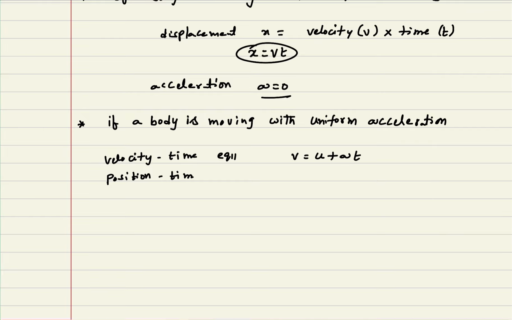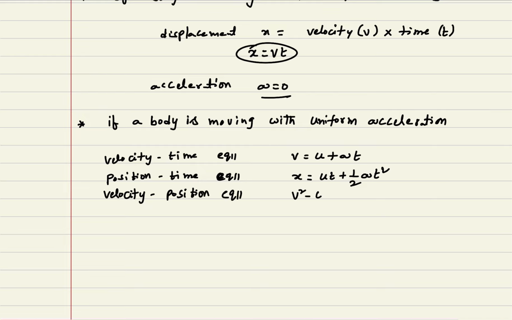Next, position time equation. If you want to calculate the displacement at any time t, you can use x is equal to ut plus half at square. And the velocity position equation is v square minus u square is equal to 2ax.